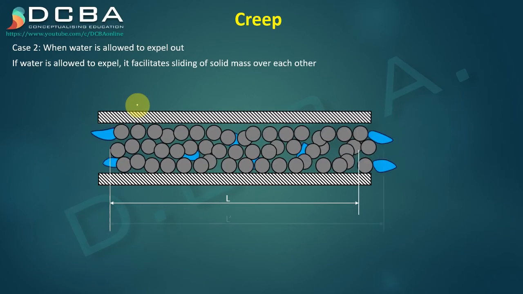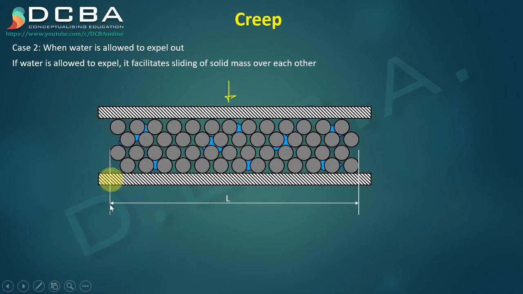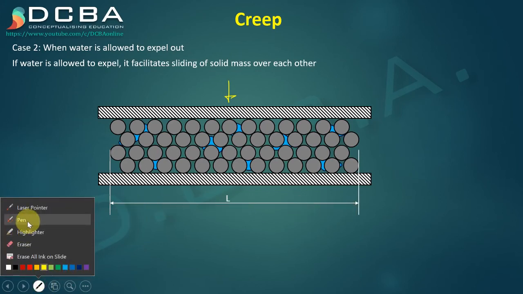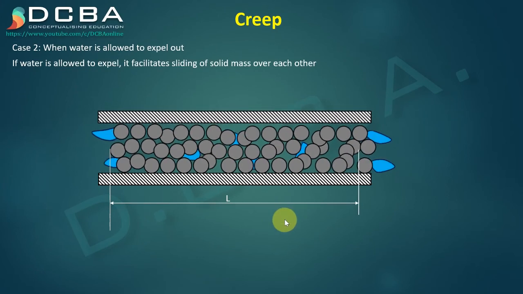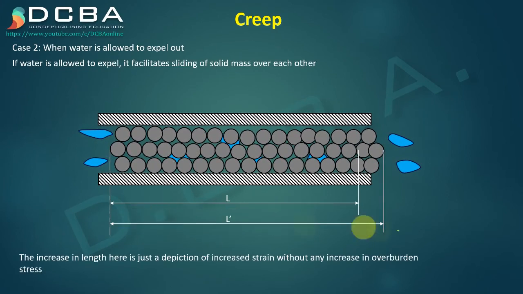Consider that before sliding, this is the length L of the structure, and after sliding takes place, after this water expels out, now this is the length of the structure. You see what happened? The water expelled out, sliding took place.